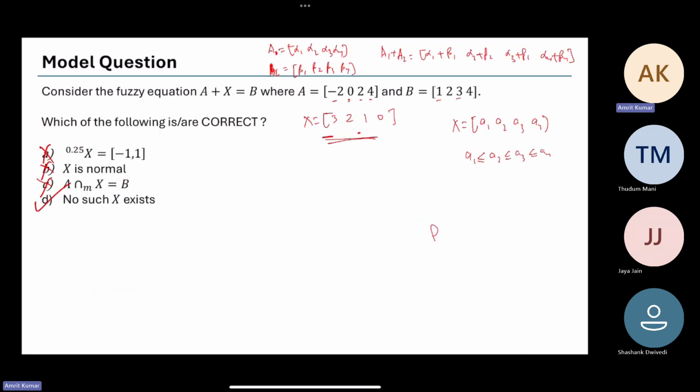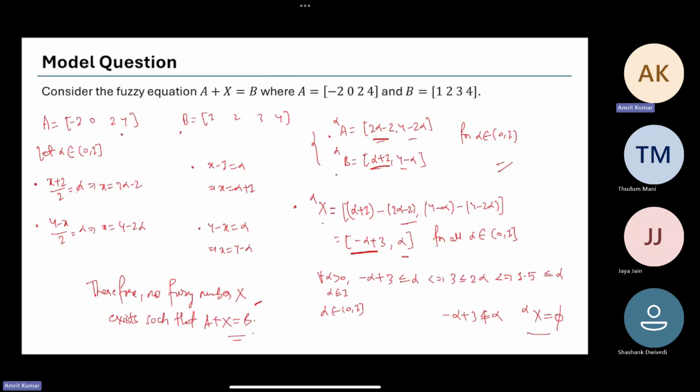This kind of cleverness won't work here because that ends up giving you a trapezoidal fuzzy number x that simply is not meaningful. So here you had to do all this arithmetic to find out if such a fuzzy number x actually exists or not.